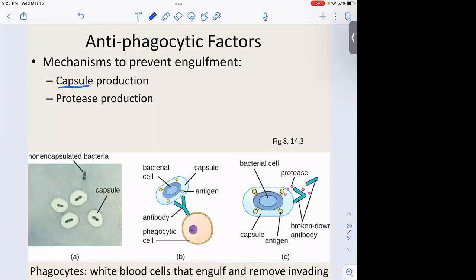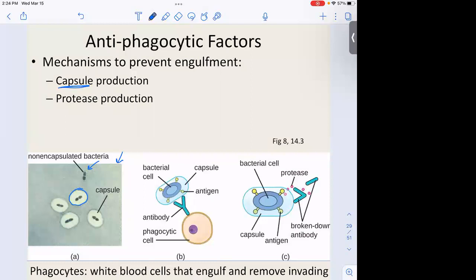That's sort of how you could think about the capsule protecting the cell from phagocytosis. This is a nice picture here. You can see here are some cells that are encapsulated, and here's one that's not. Our phagocytes just have a harder time, A, recognizing the bacteria when they're encapsulated, and B, holding on to it and enveloping it.